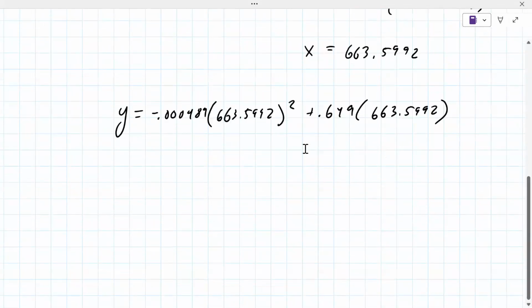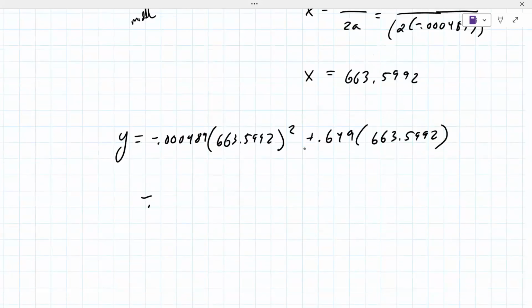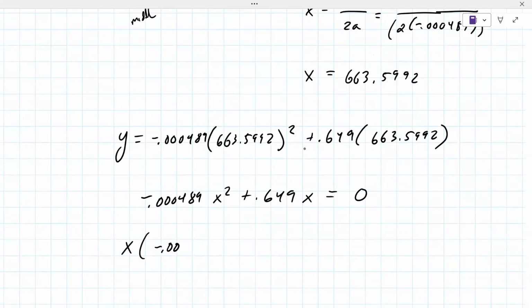So what I mean by that is, set the original minus 0.000489 x squared plus 0.649 x equal to 0. And you factor an x out. I know this looks really bad, but it's okay. All right. And so you set both of these equal to zero.